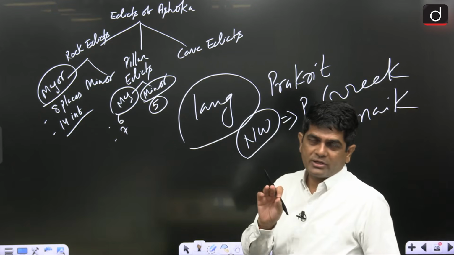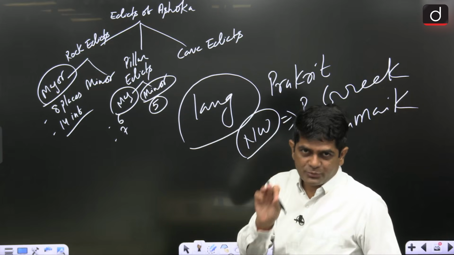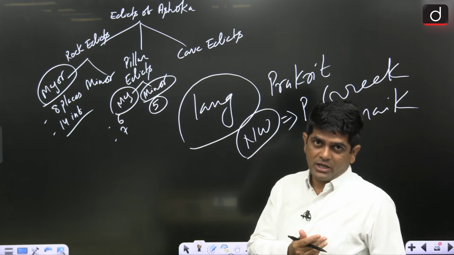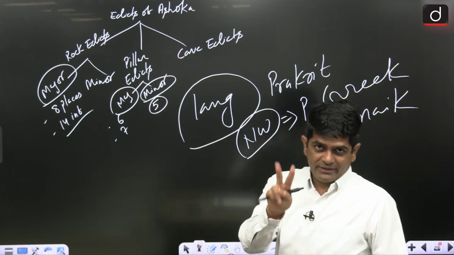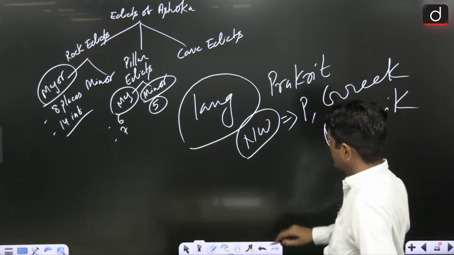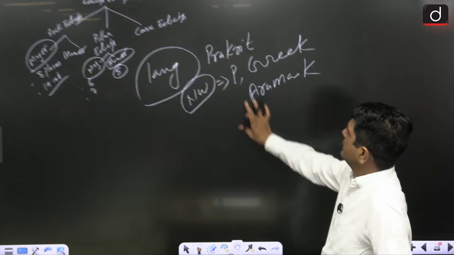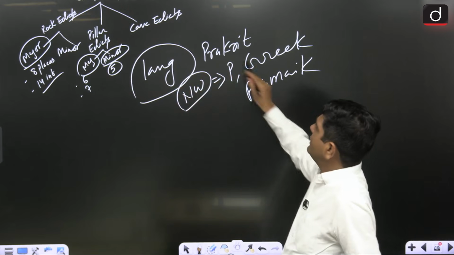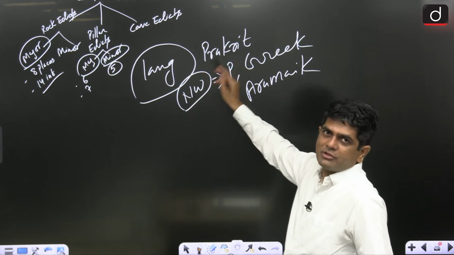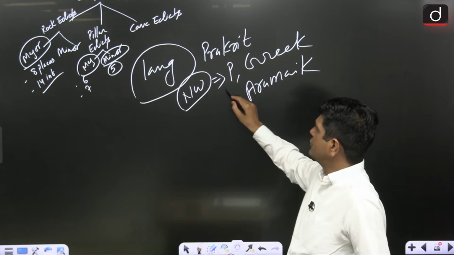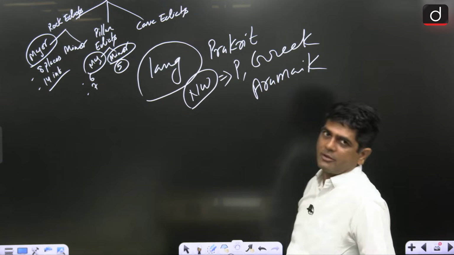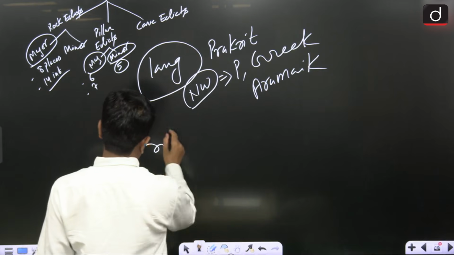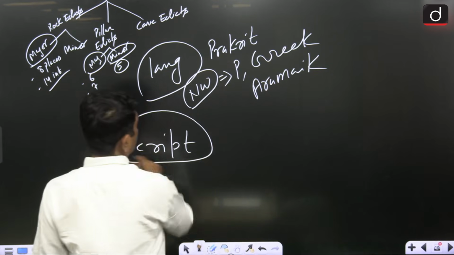Asking you a question: name the edict in which Ashoka used 2 languages and 2 scripts. So remember, in his inscriptions, Ashoka used 3 languages and the main language was Prakrit. In the northwest part, he used Prakrit, Greek and Aramaic. Now coming on to the script.